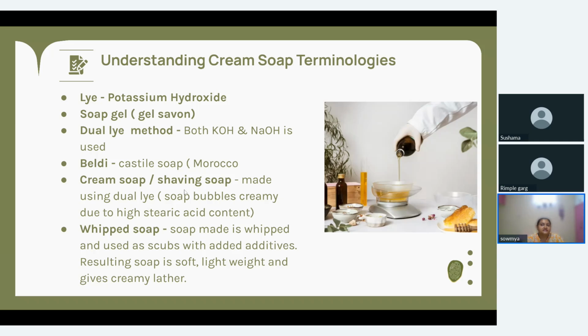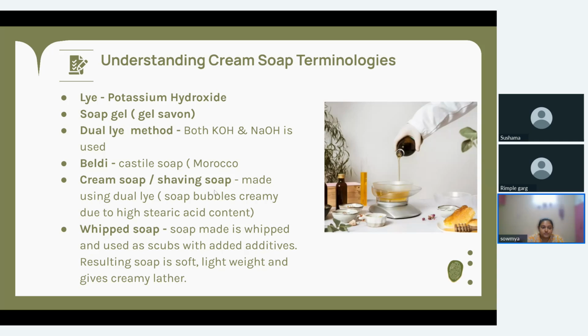Rather, they use other ingredients, like a combination of oils, and they add the purees of their choice and colorants and fragrances, and the soap will be in a paste form, and you can fill it in a tub. So that is how the variation of belly is being made by many soapers nowadays. Then you have this cream soap or shaving soap.